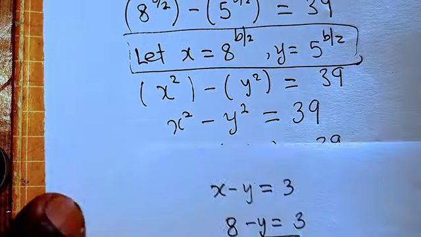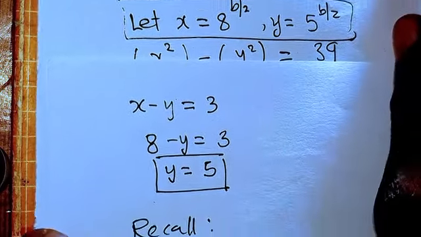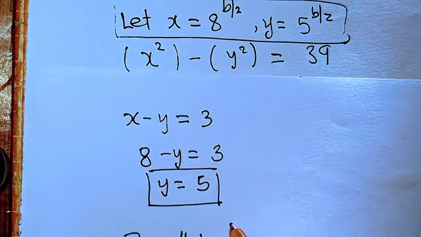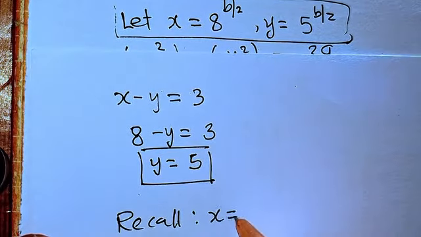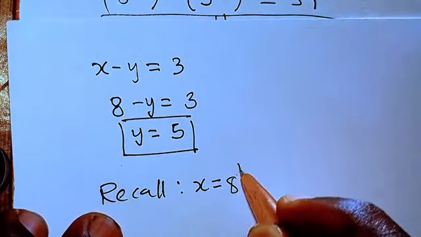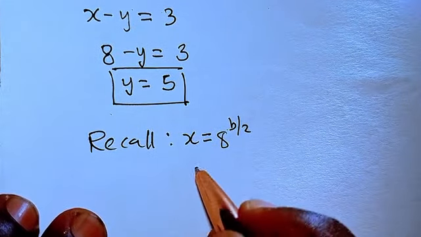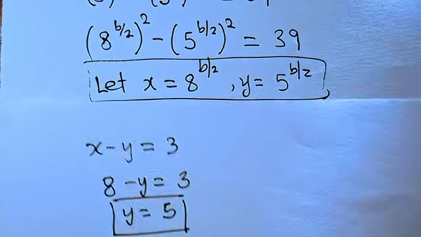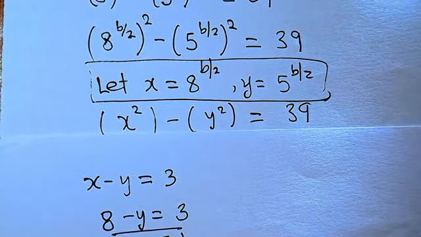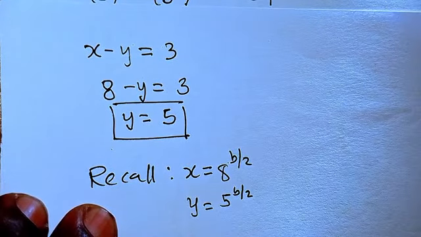So bringing this forward, we're going to have x equals 8 to the power b over 2, and also y equals 5 to the power b over 2.